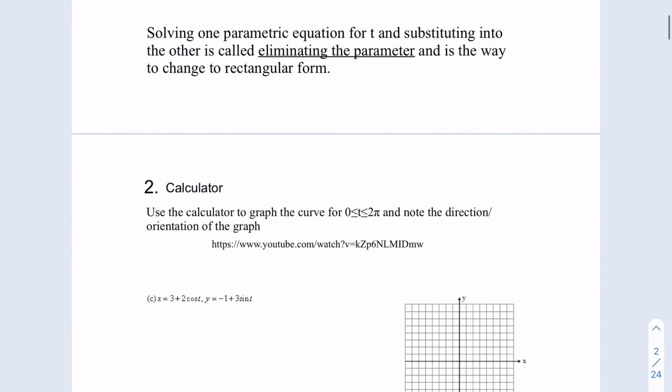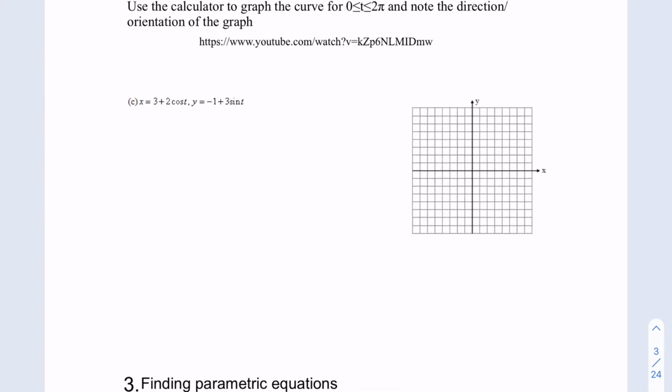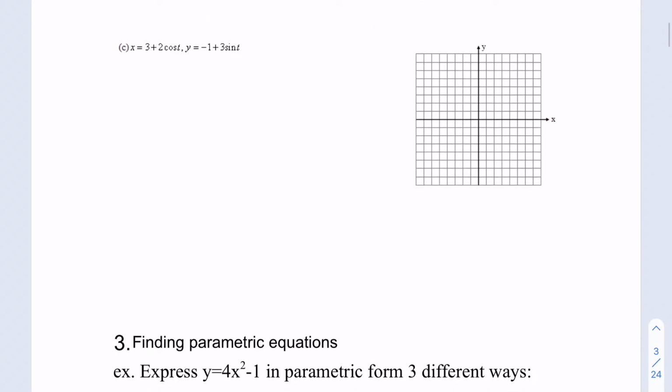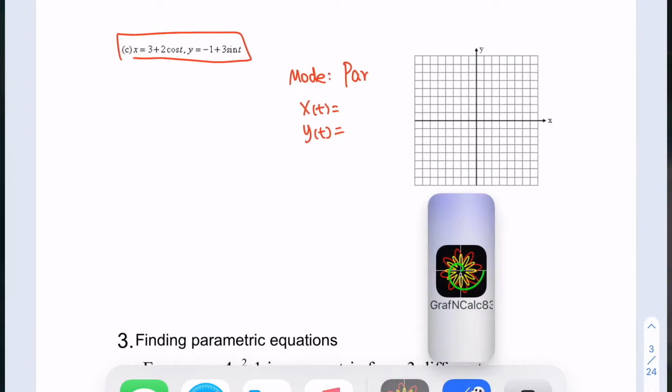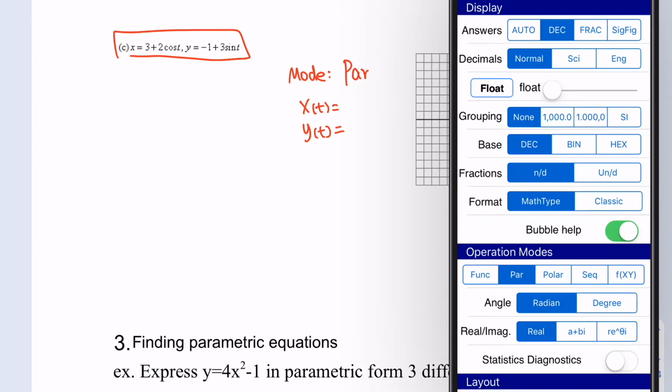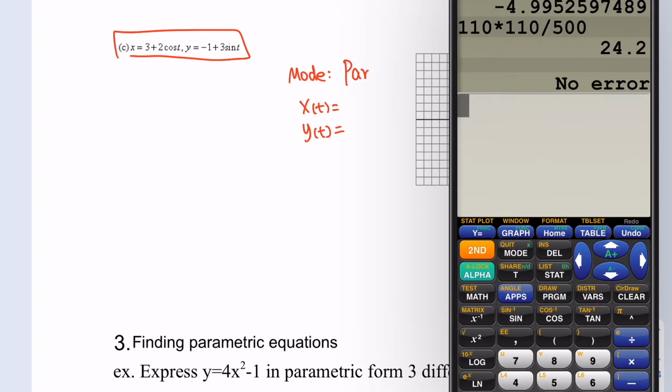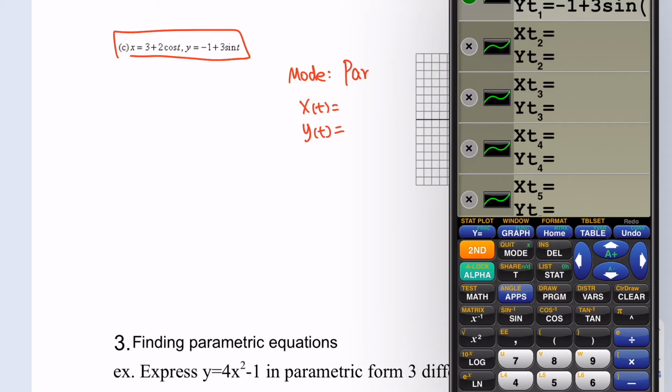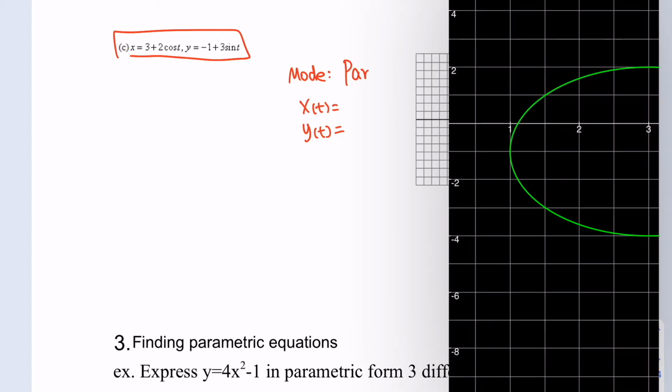Let's have a look at how we use a graphing calculator. We just need to change the mode to parametric equation, and then input the x of t, y of t into the function, and the graph will look like this. So we change the mode to parametric here, put the functions in, and click graph.